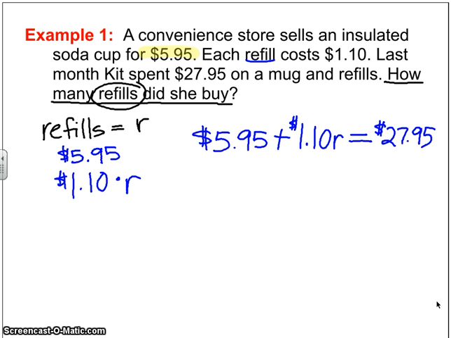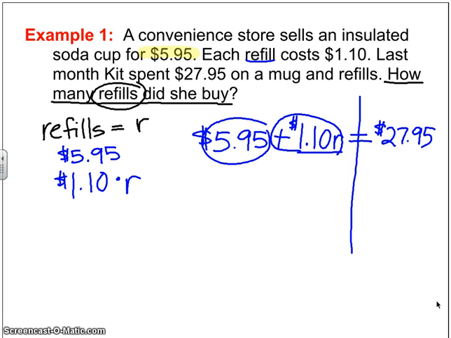Okay. Going to draw your line down both sides. Again, inverse of any addition or subtraction first. Here, 1.10 is being multiplied by r, and again, remember the signs in front. So this is a multiplication step. Here we have a positive $5.95.